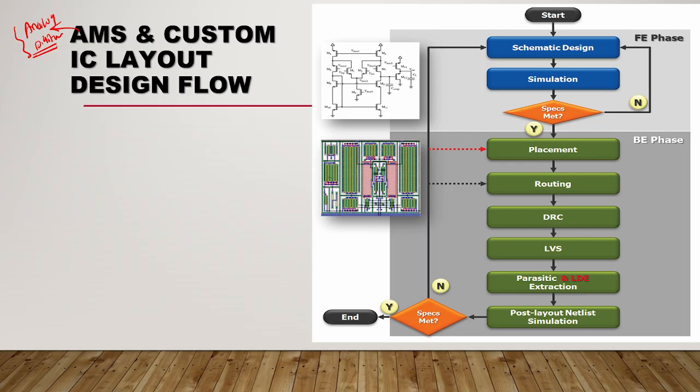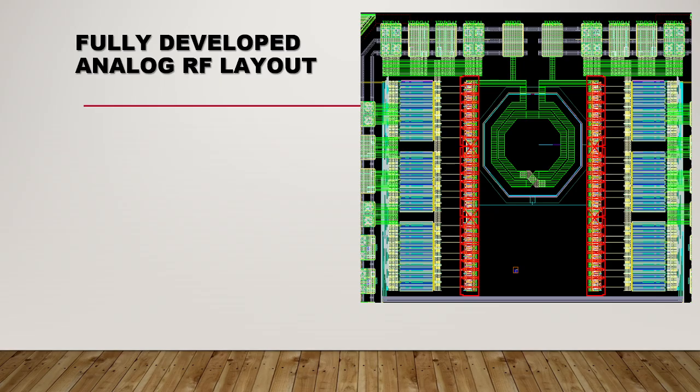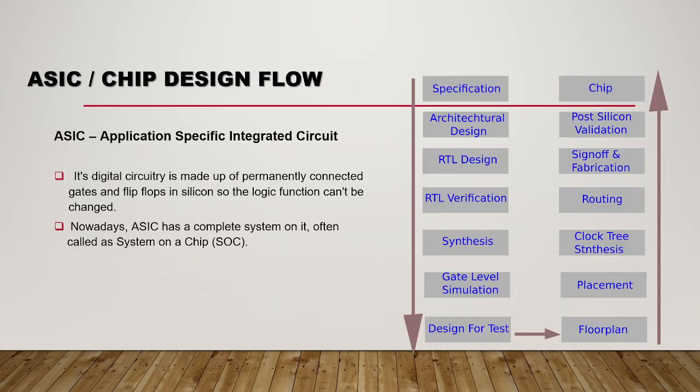Digital people will do the digital related flow. At last they will combine both analog and digital, and they will make an IC. That is AMS, analog and mixed signal. So this is fully developed analog RF layout.